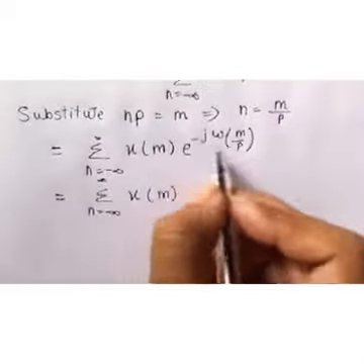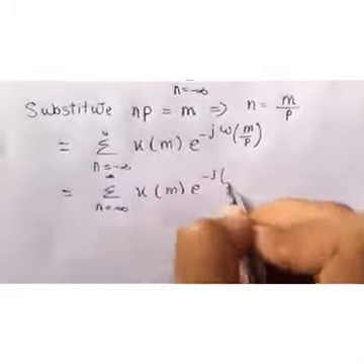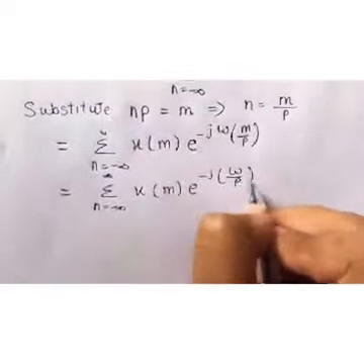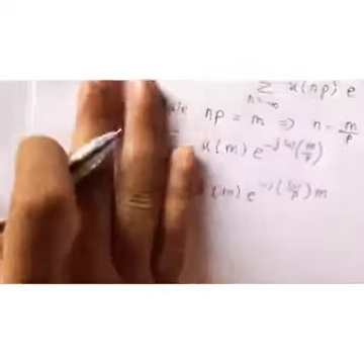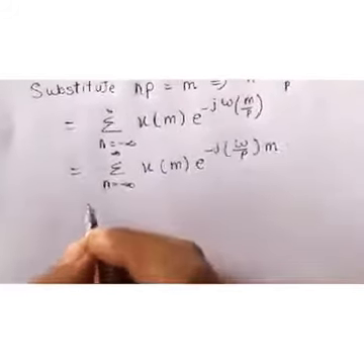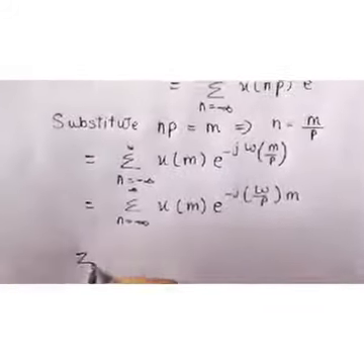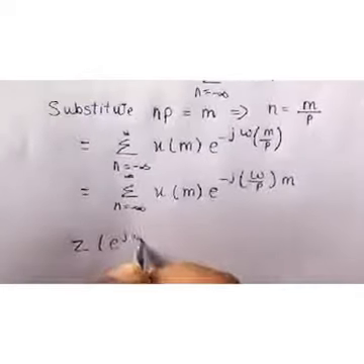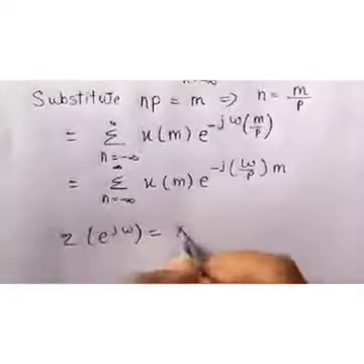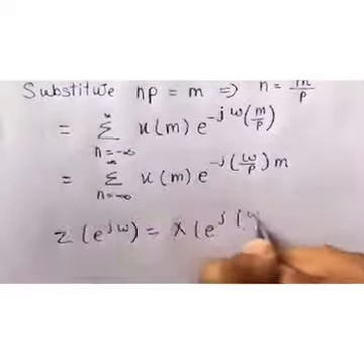By rearranging the terms, we get e to the power minus j ω over p times m. So that becomes Z of e^{jω} is equal to X of e^{jω/p}.